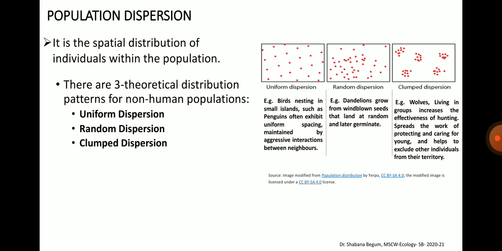An example is wolves living in groups, which increases the effectiveness of hunting, spreads the work of protecting and caring for young, and helps to exclude other individuals from their territory.